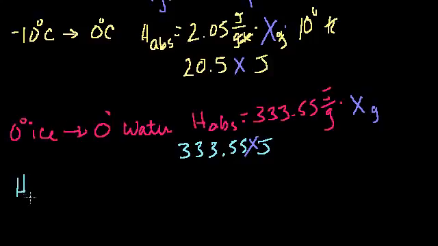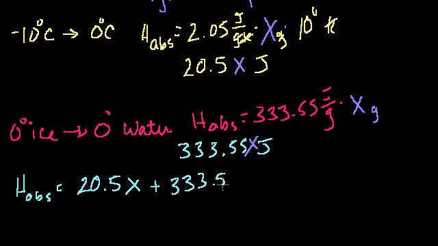Heat absorbed is equal to the heat it can absorb going from minus 10 to 0 degrees ice, which is 20.5 X, where X is the number of grams of ice we have, plus the heat we can absorb going from 0 degree ice to 0 degree water, which is 333.55 X. And of course, all of this is in joules. So this is the total amount of heat that the ice can absorb without going above 0 degrees.